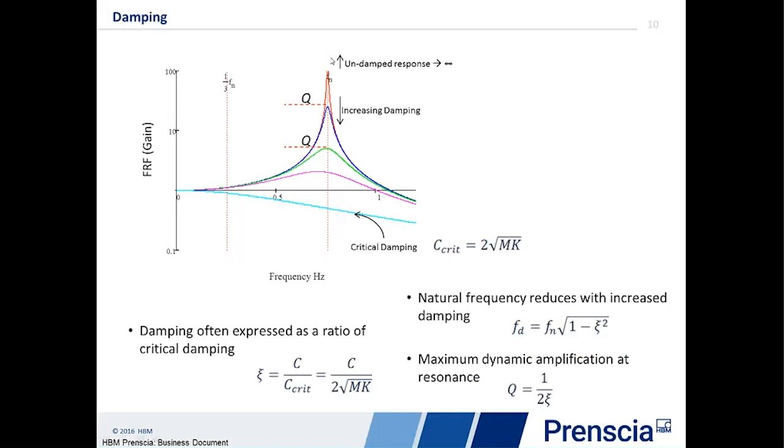On the opposite, if you have rubber or a very damped system, your FRF will be very flat at the resonant frequency, and the worst case is that it goes to critical damping, so the response dies out without doing even a cycle.